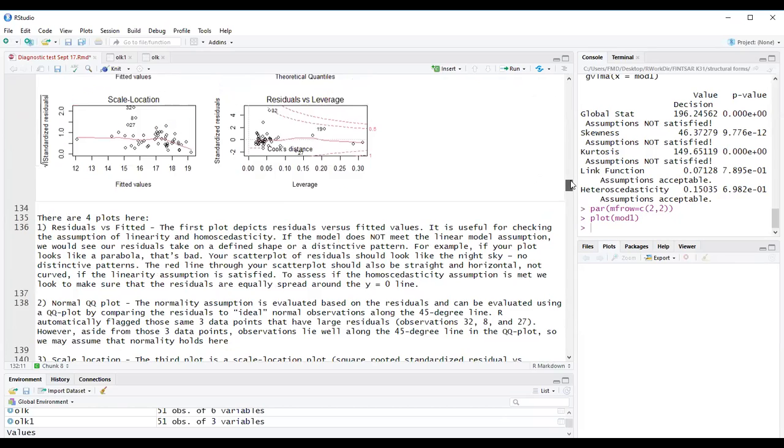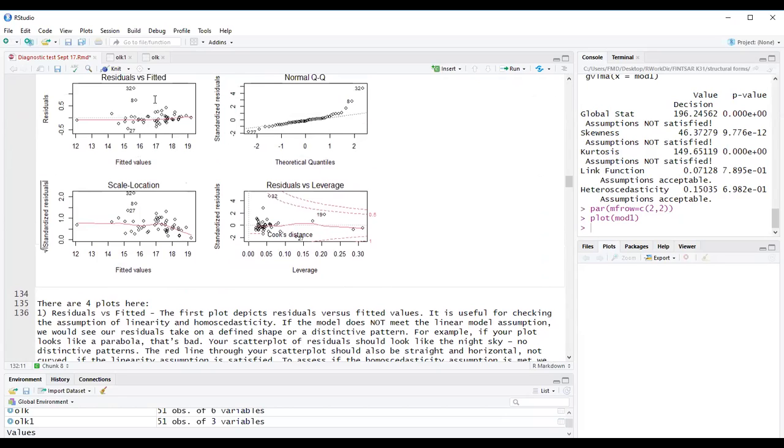Ano ibig sabihin nun? Magkaka-pattern yan. Nasabi ko sa inyo, di ba, parang fanning out, pataas, tapos pababa yung ibang parts. Parang nagiging fan siya. Or may pattern. Pataas, kunyari, o pababa. O may polynomial, may binomial na shape, parang U-shape or inverted U.